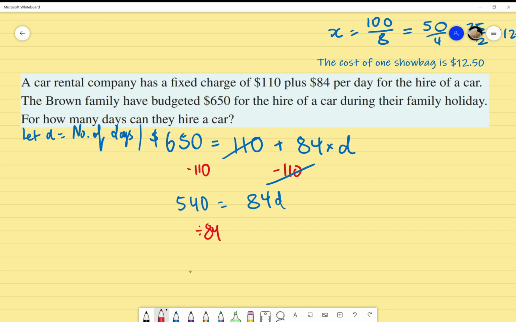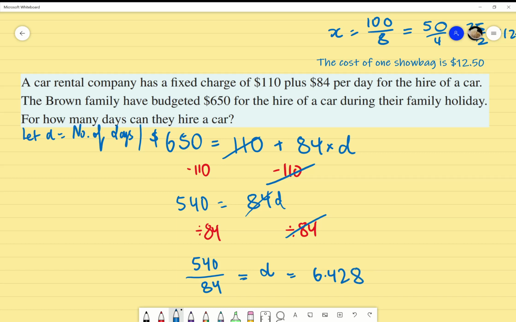Making so many mistakes today. These two cancel out, and we end up with 540 over 84 equals D. Of course, you're not expected to solve that by hand. Just put it in the calculator, and you end up with D equals 6.428.